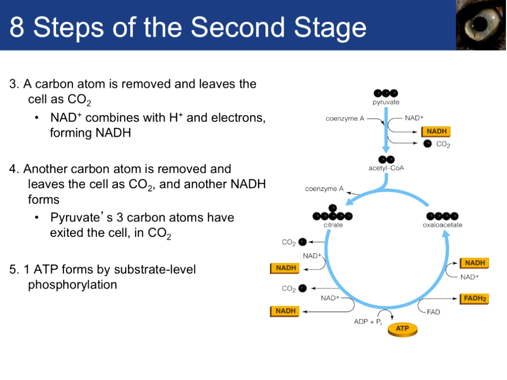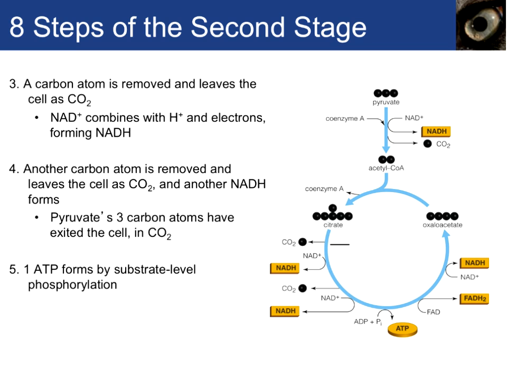So then a carbon atom is removed and leaves the cell in the form of carbon dioxide. So you can see we're at this point right here. So also NAD plus combines with hydrogen and electrons and forms NADH. So remember, this is the high energy form of that molecule. So next another carbon atom is removed and it leaves the cell as carbon dioxide.